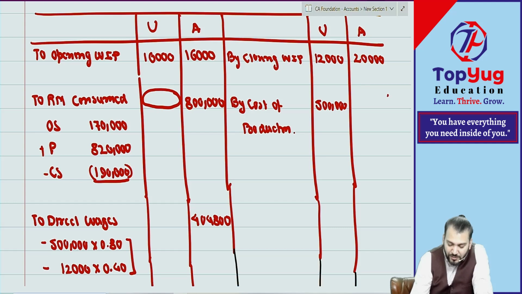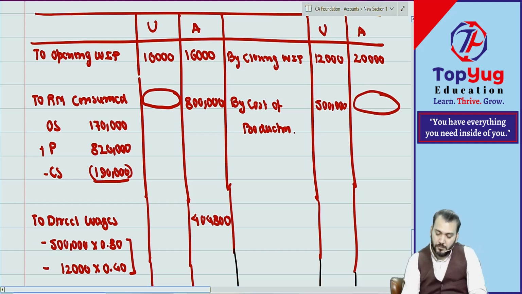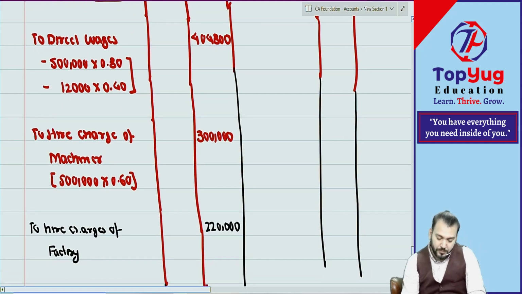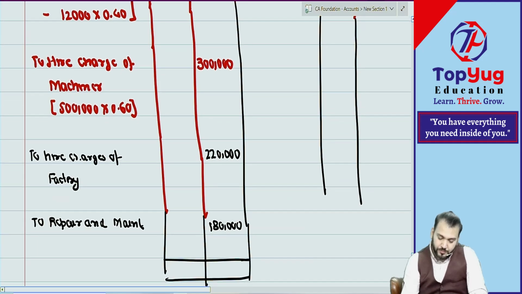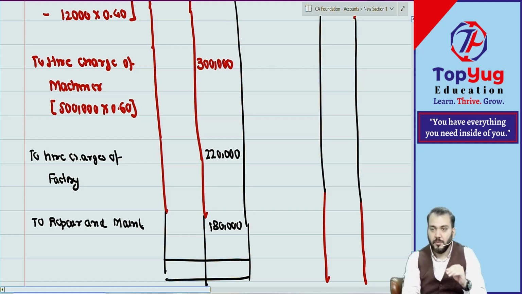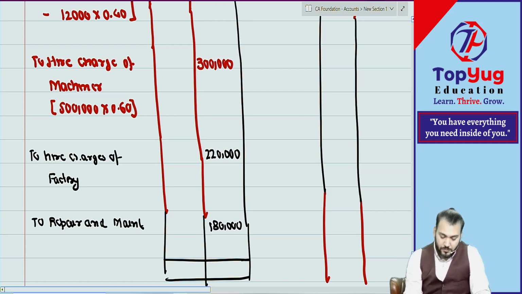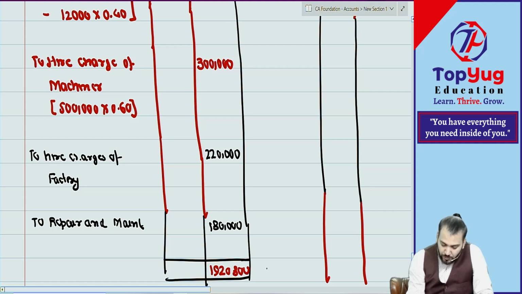So can you calculate the balancing figure? Total, 19 lakh 20,800.